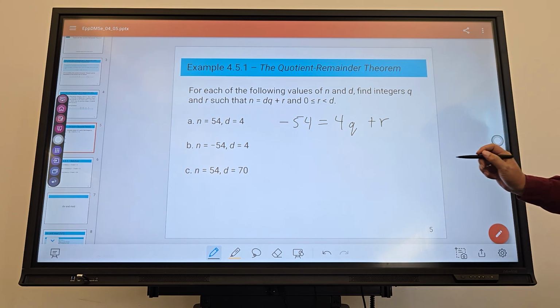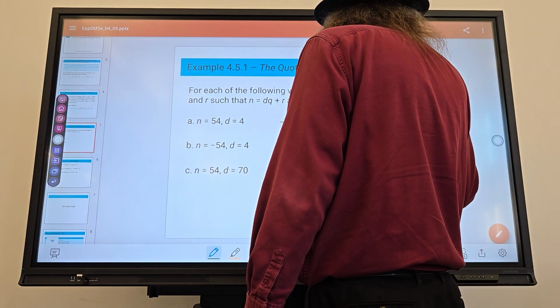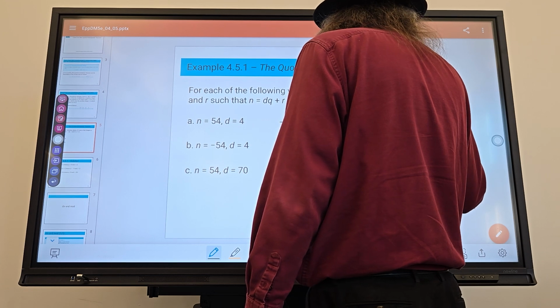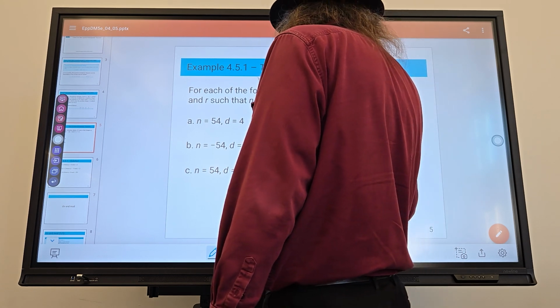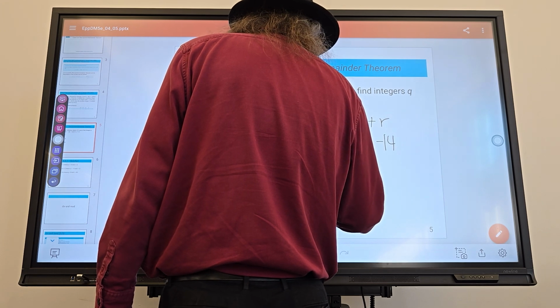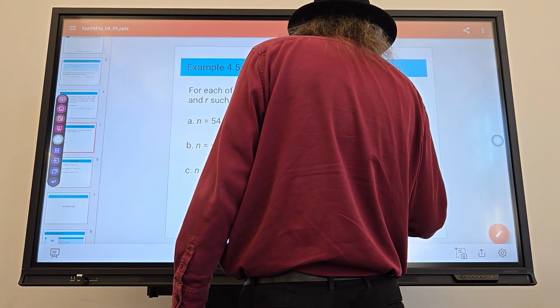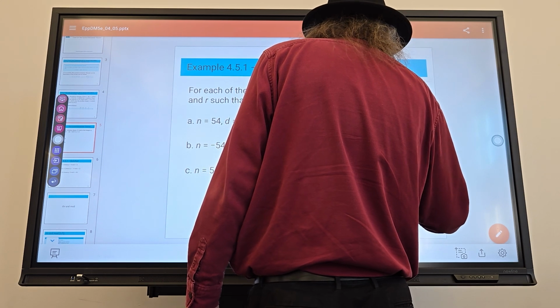So the correct value would be q equals negative 14, making it negative 54 equals negative 56 plus r.